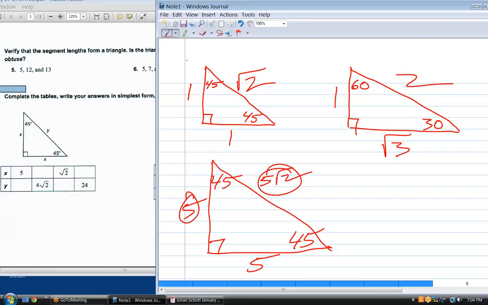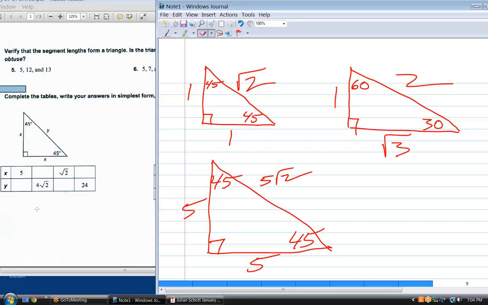In other words, the similarity ratio is 5. So every side is going to be 5 times this one. This is 5 times that, this is 5 times that, this is 5 times that. So that allows you to completely fill in this section of the table. So that part is 5 root 2.